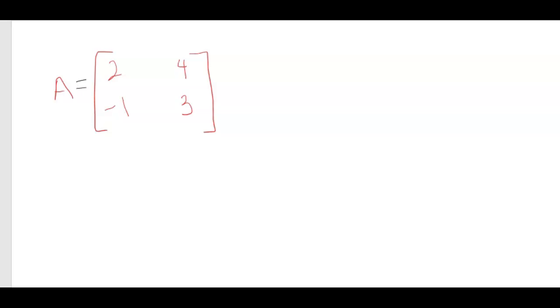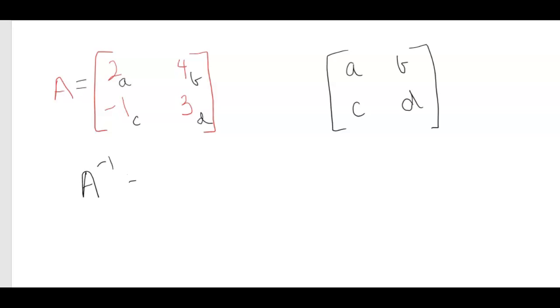We're going to take the inverse of a 2x2. So we label it A, B, C, D. And it's important that you go across like that. So this is A, this is B, this is C, and this is D. All right, so when we're taking the inverse, we have a formula.